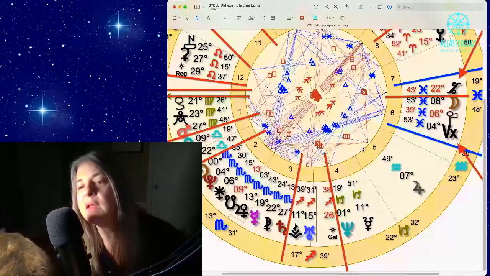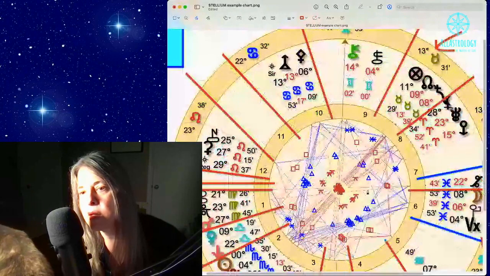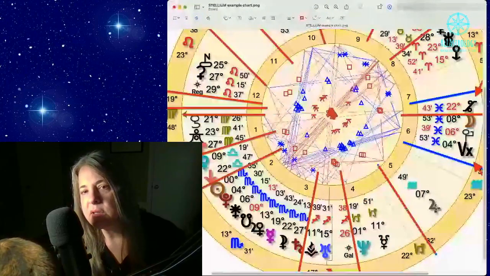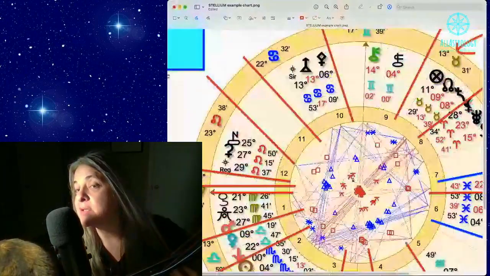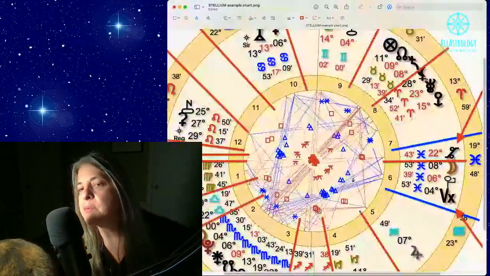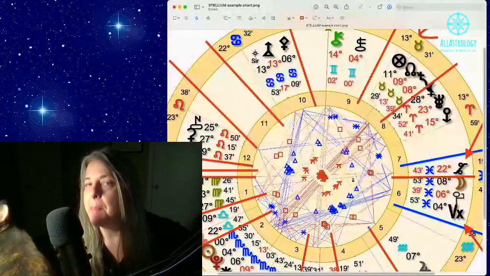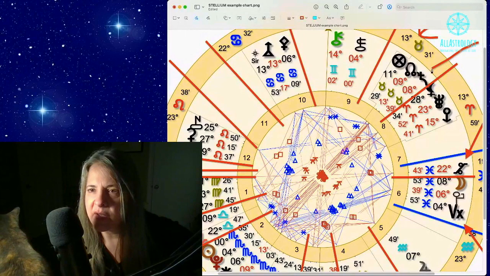So the only thing not in a cusp or in a stellium, I shouldn't say the only thing, but you see that you have Jupiter by itself, right? And then you see their Leo energy up there, but in their Cancer. And yeah, there's just a lot of stelliums. The cool thing about this person's chart is they're all the way around the chart. So it adds to a balance. You see an intensification of energy here.